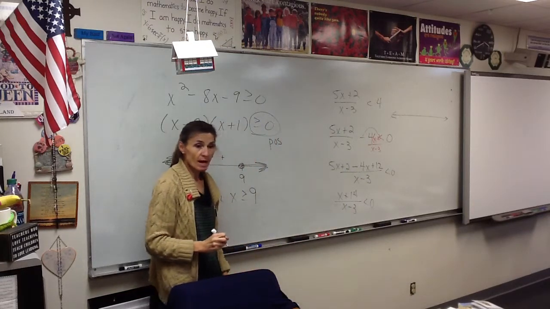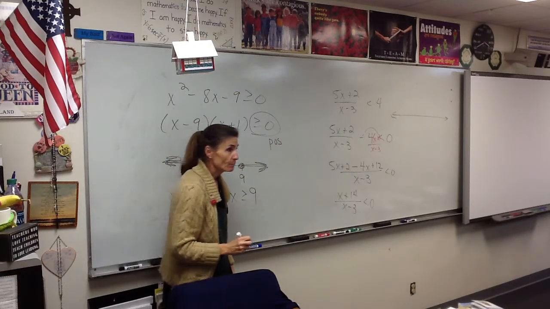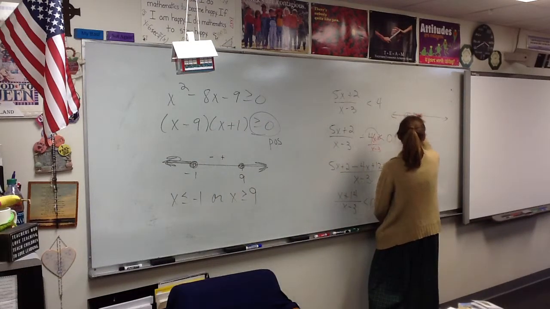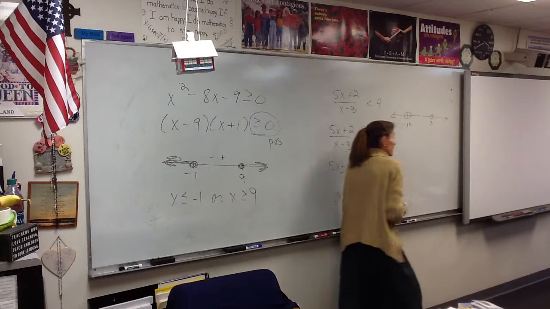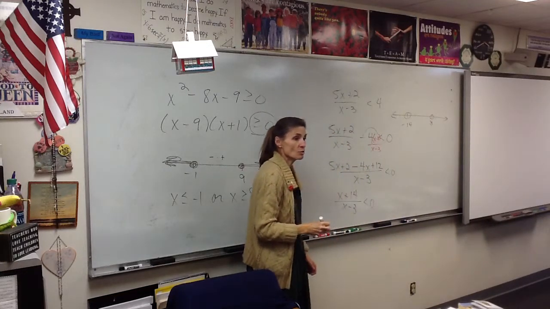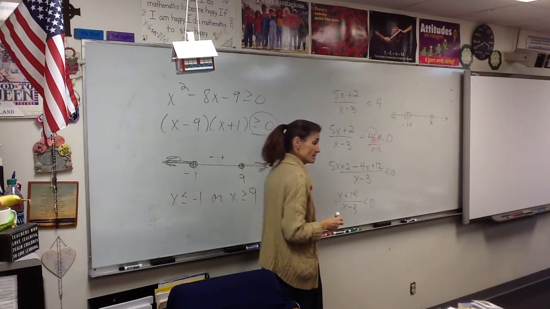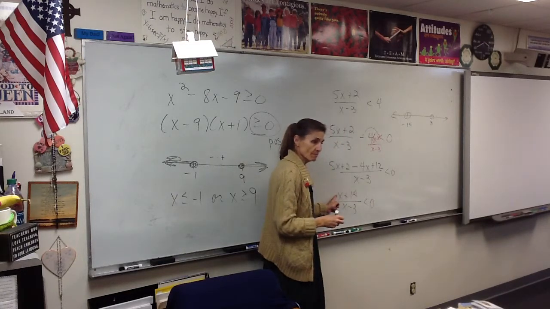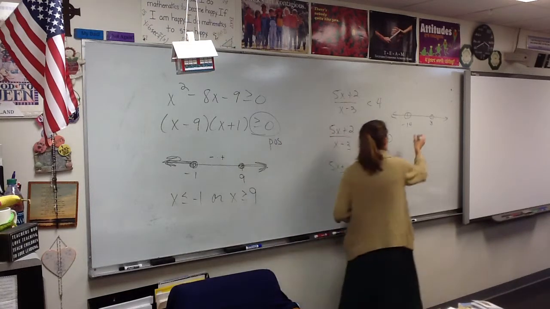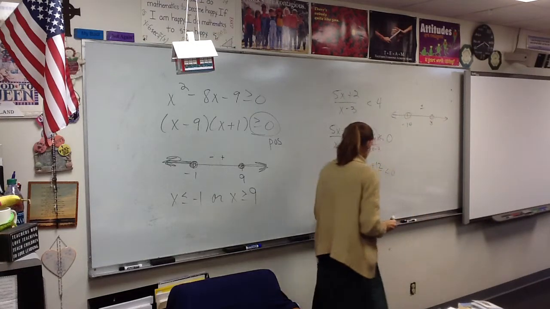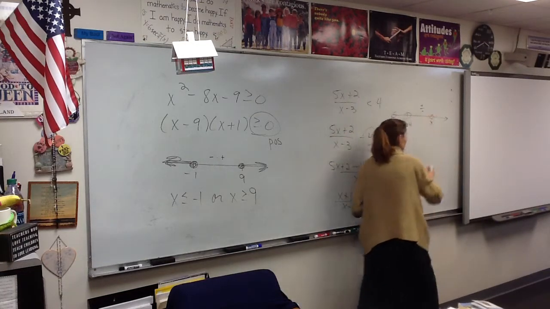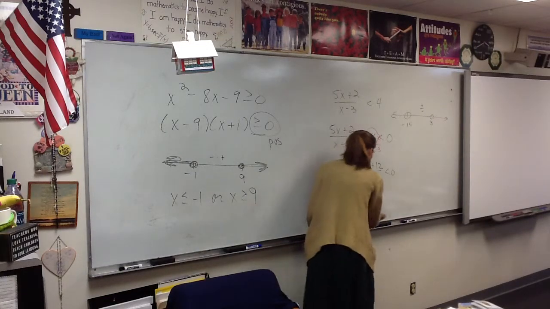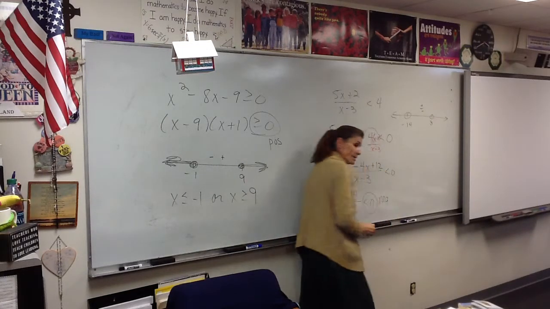So where did the dots go on the number line? At -14 and 3. There's nothing squared or fancy, so we can just try a number, like 0. If I put 0 in, I get a positive on the top and a negative on the bottom. Does that work for me? Because I want negative.